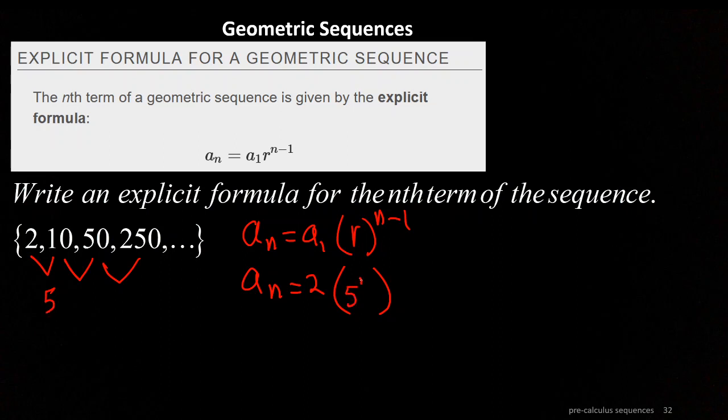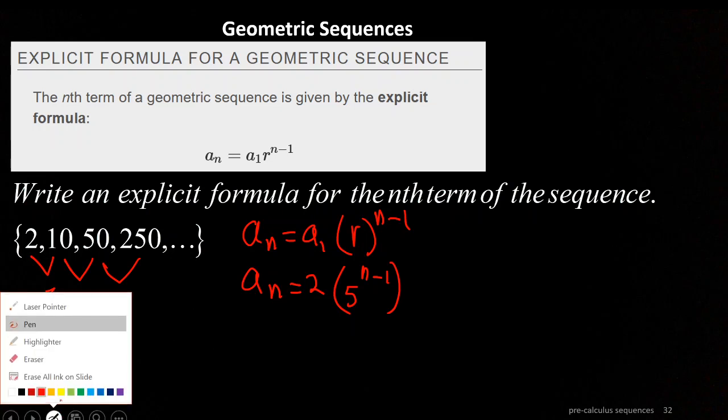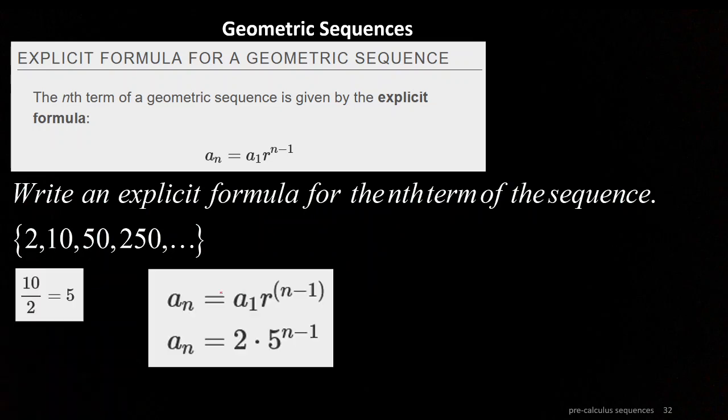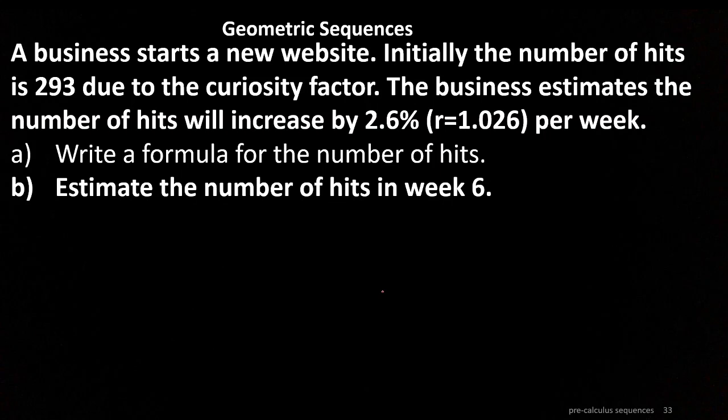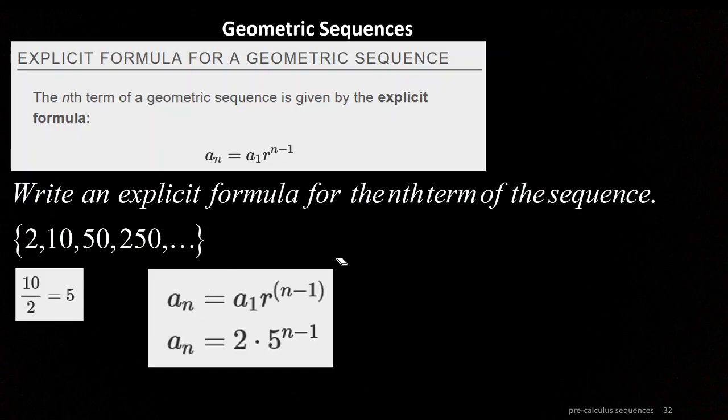So 5 to n minus 1. There. That's the explicit formula for this geometric sequence. I'll let you look at this and make sure you got this under control.